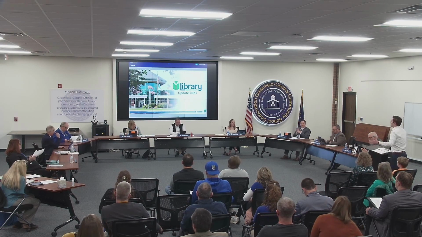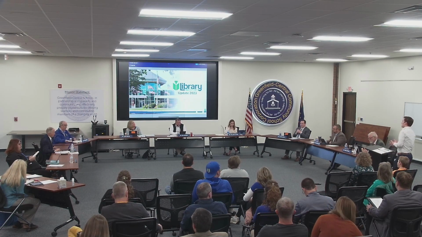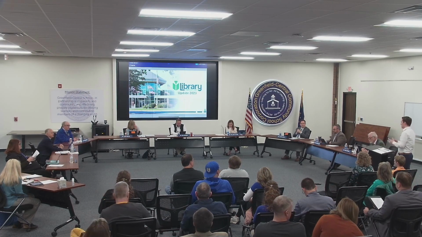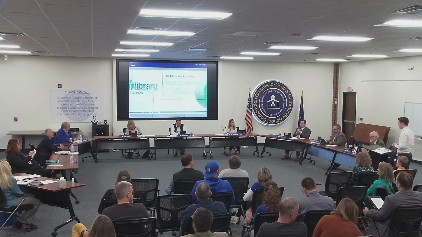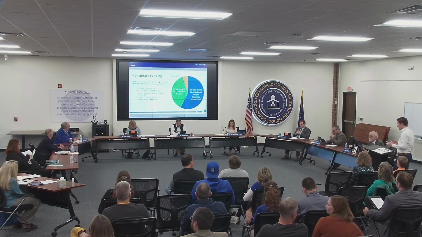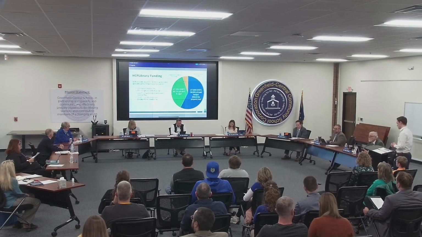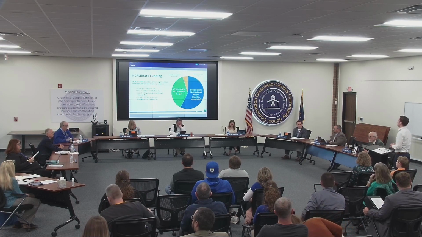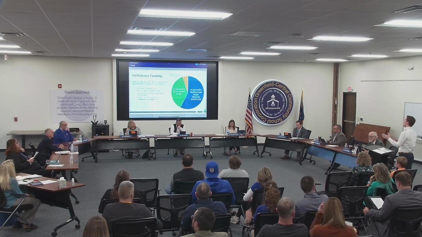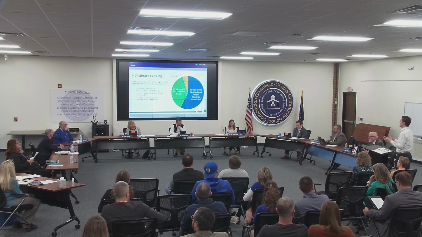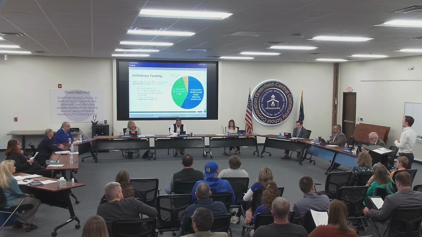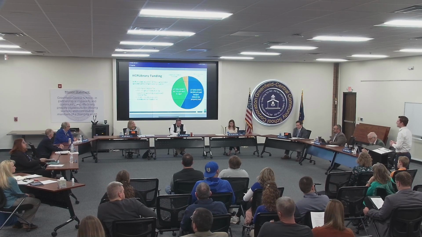Last year was a great year at the library, and this year's off to a great start as well. The first slide is just how the library is funded. The library is mostly funded on local income tax, LIT, which used to be split between CAGIT, county adjusted gross income tax, and CEDIT, county economic development income tax.